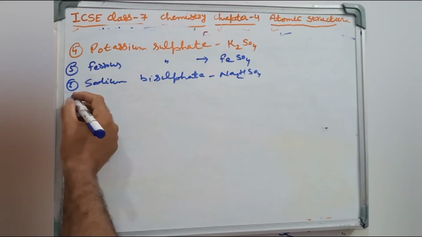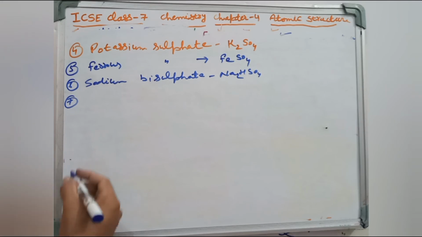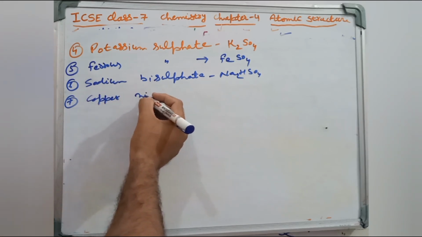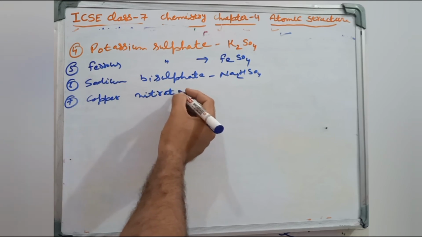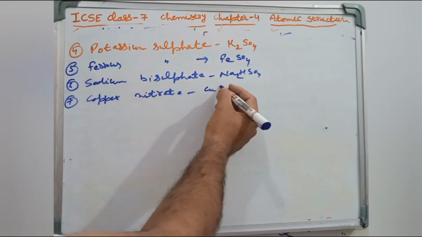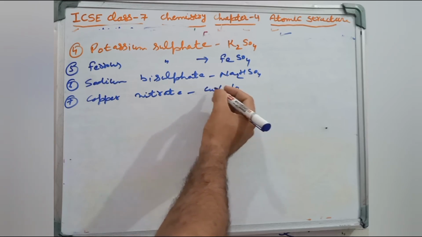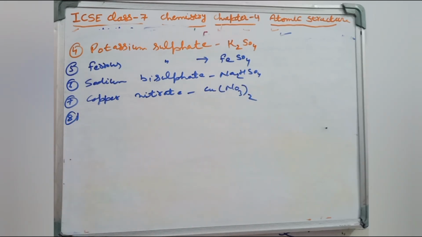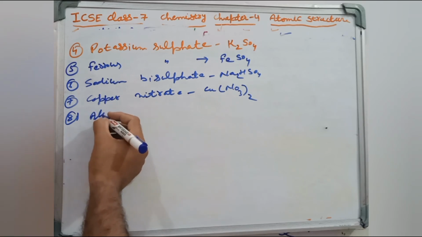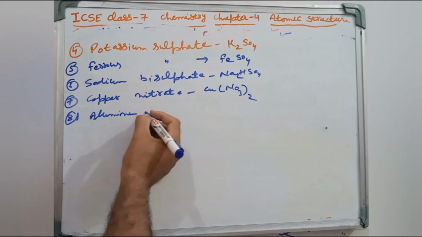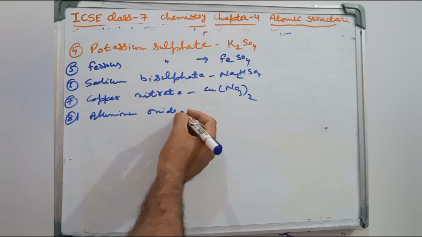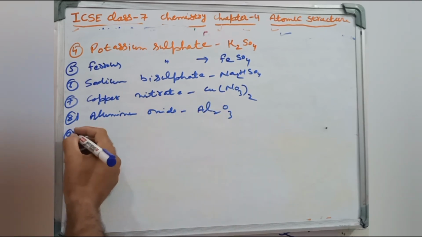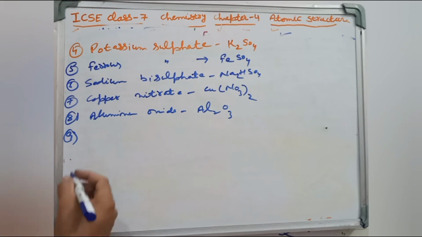Number 7 is copper nitrate. Its formula becomes Cu(NO3) twice. Number 8, aluminium oxide, Al2O3. Number 9, I have already done.